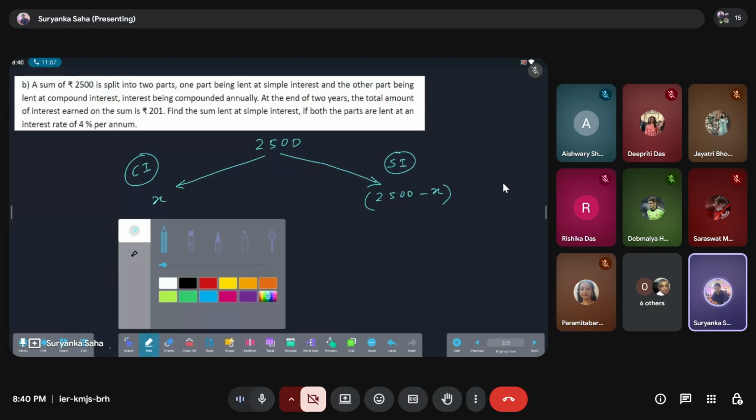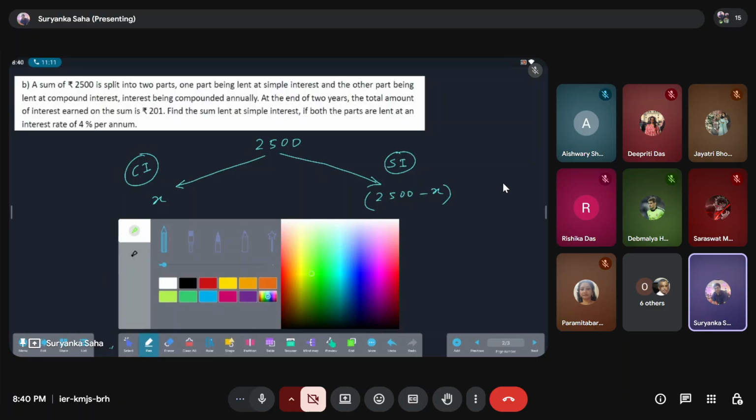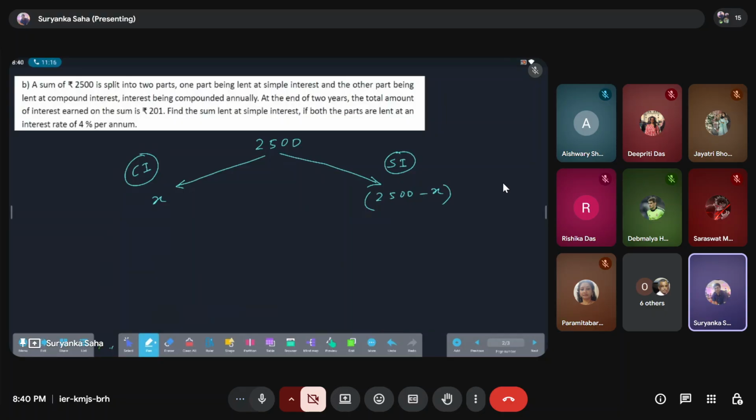So let us do here. Just a minute. Sure. So CI will be principal money, which is x into 1 plus r by 100 to the power, what is the time? 2 years, yes.